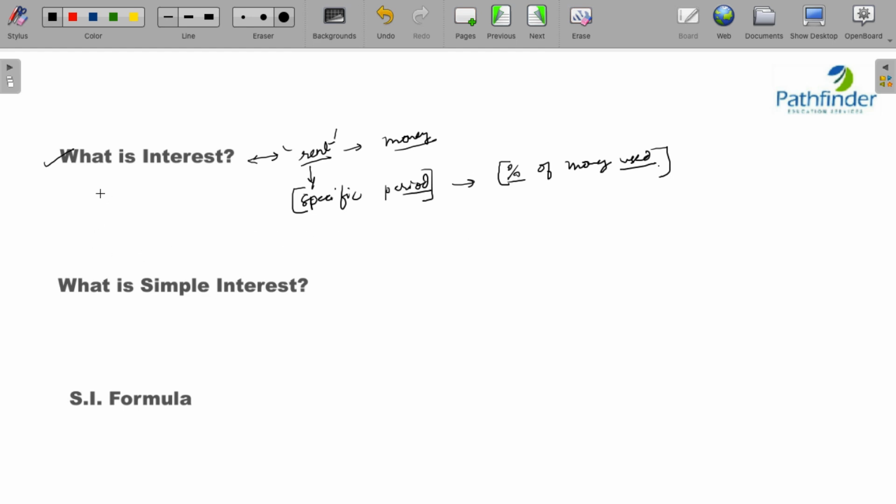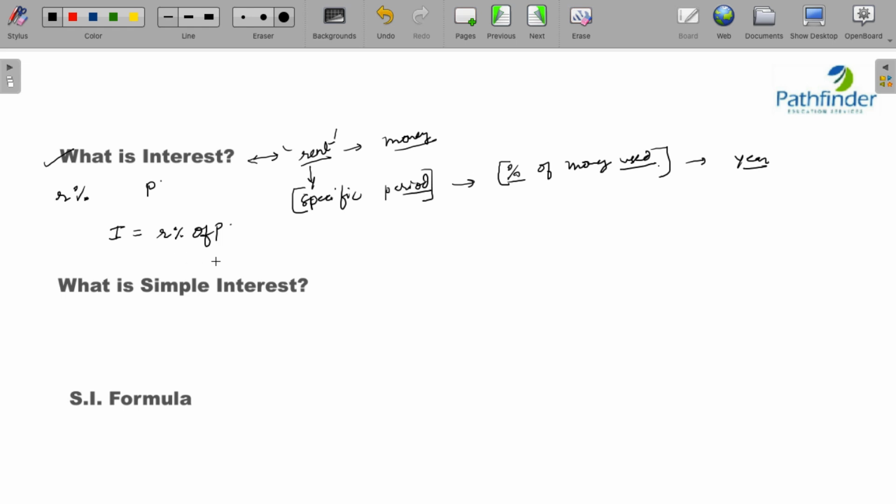So let us say that the money used is P, the principal. The rate at which the interest is charged is R%. So what will be the interest payable? R% of P for every period, and usually that period is year.